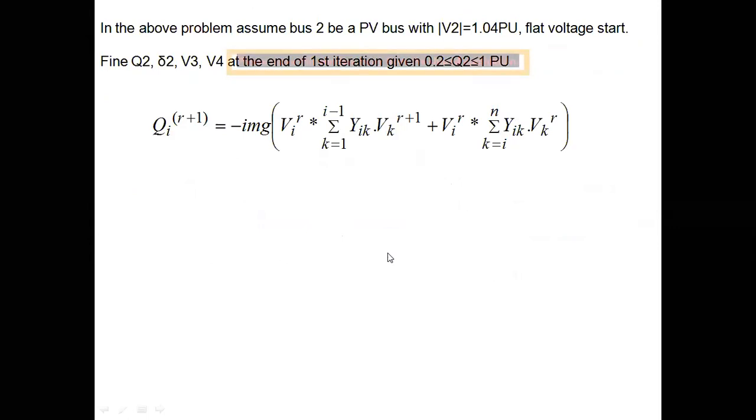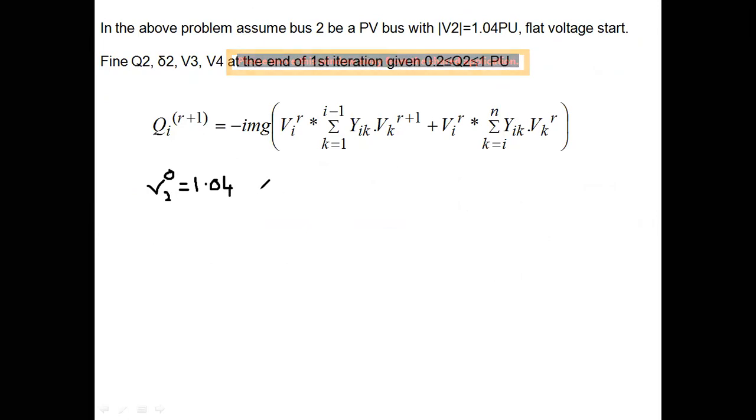Now see here. First of all, we need to assume that V2^0 is equal to 1.04. Why? Because again we are going to have the flat voltage start. So initial values of voltages should be equal to the slack bus voltage.